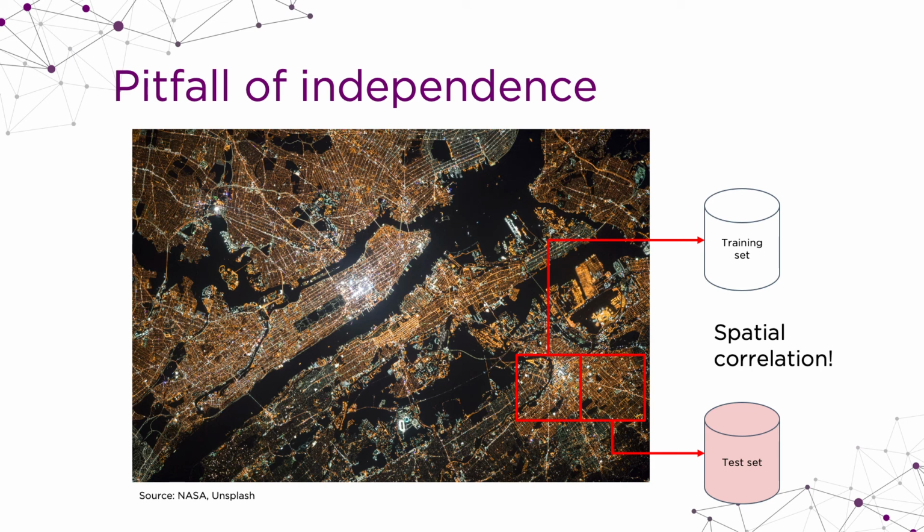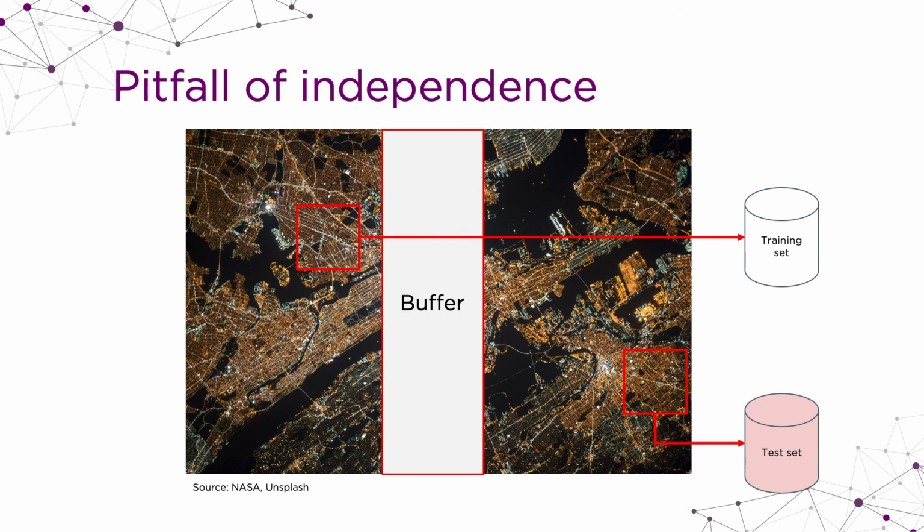So as soon as you take one example and extract subparts to create artificially new examples, there is a risk that you should be aware of: the model cheating by using these correlations. And again, you can use a buffer, but be sure that you are removing the spatial correlation.